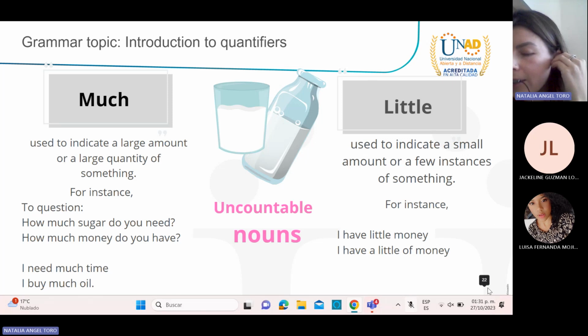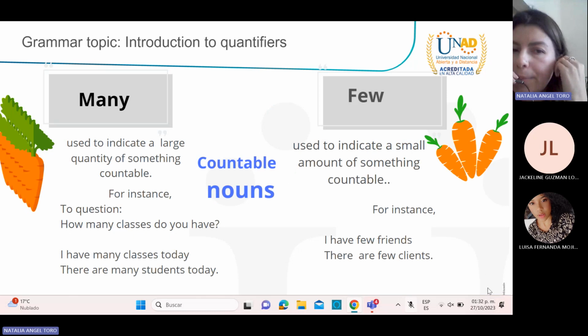What is the difference? At the end, nothing. It's the same definition, like in Spanish, yo tengo poco dinero o yo tengo un poco de dinero. So an article and a preposition accompany little. So it's the same.